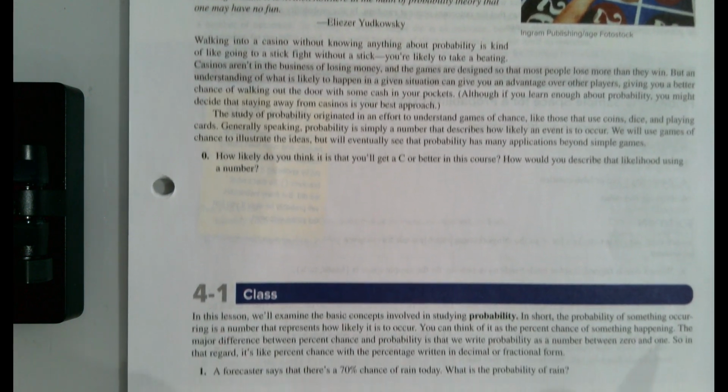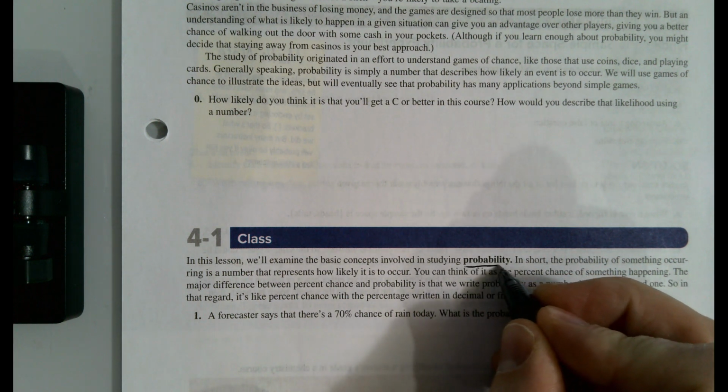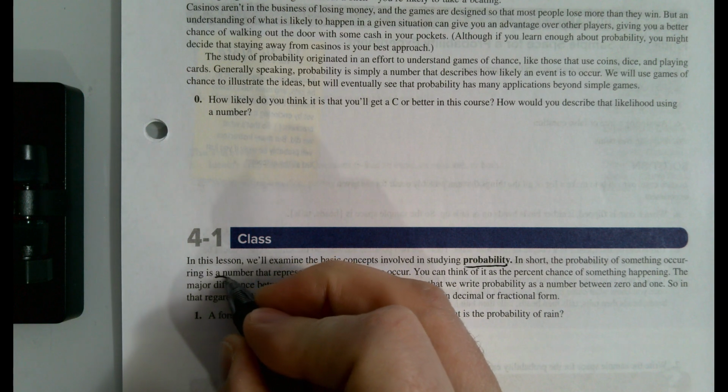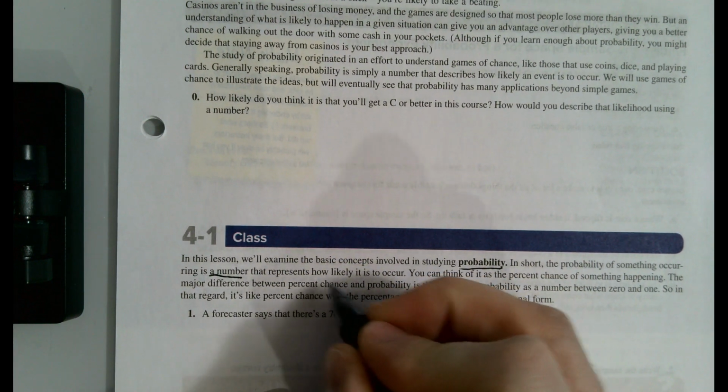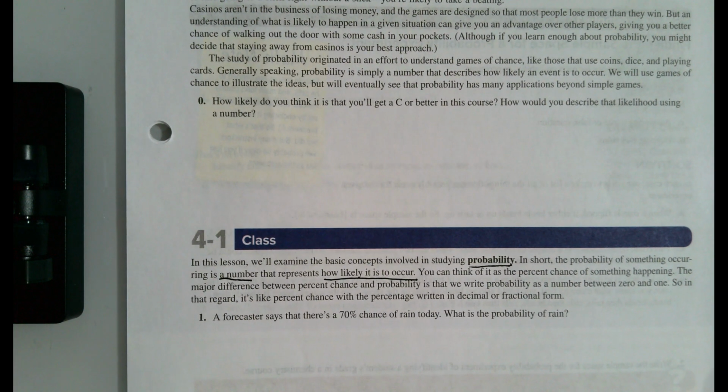I think the first thing we want to understand is, when we talk about probability, what are we really meaning? It's basically a number that represents how likely some event is to occur. It's the chance that something will happen.